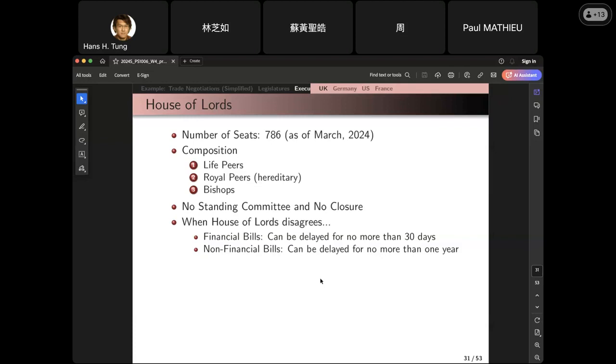So there are 735 members of the parliament, or Bundestag. This is their lower chamber. Their term of office is 4 years, compared to the British case, which is 5 years, so the tenure for the German legislators is a little bit shorter.